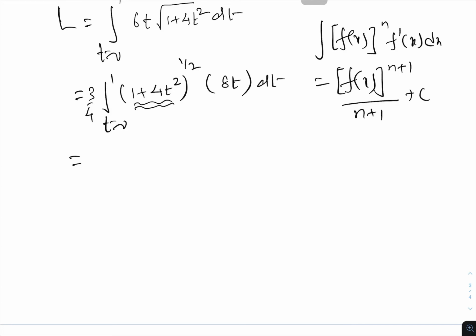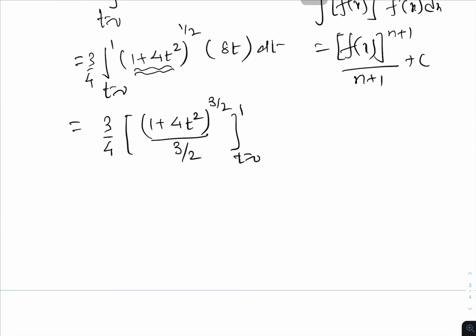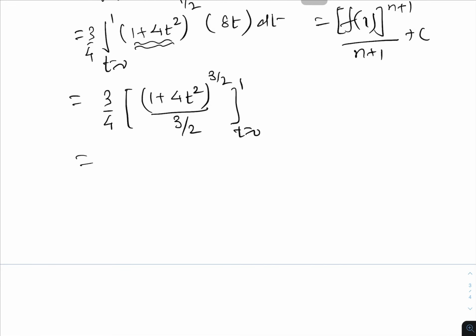And so the integration is 3 by 4 times (1 plus 4t squared) to the power 3 by 2 over 3 by 2 from t equal to 0 to 1, and simplify yourself, you will get the answer as 1 by 2 times (5 root 5 minus 1).